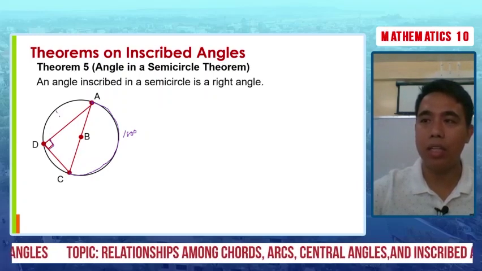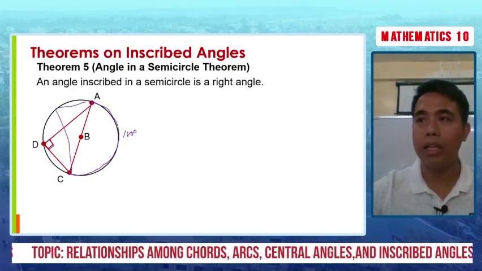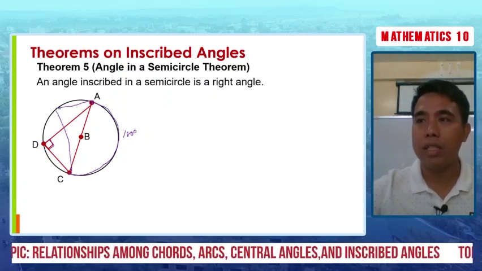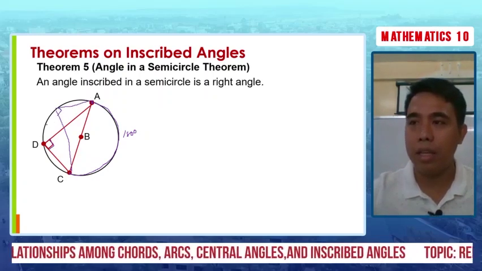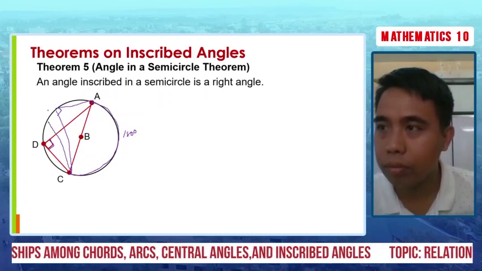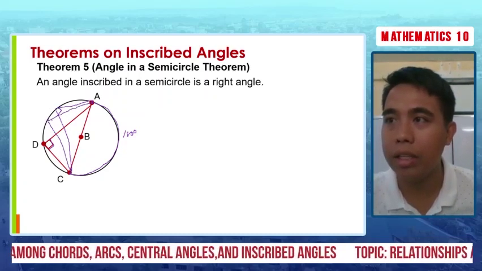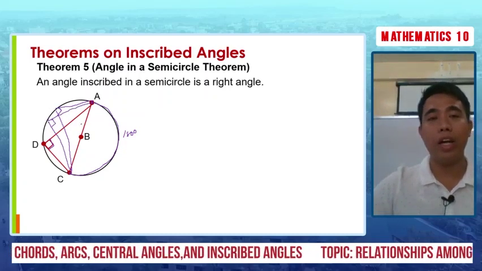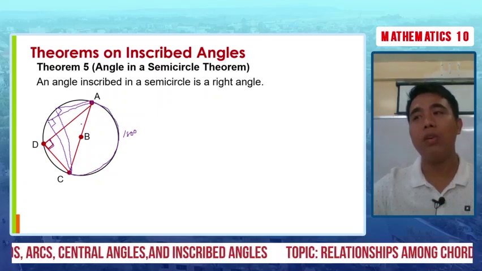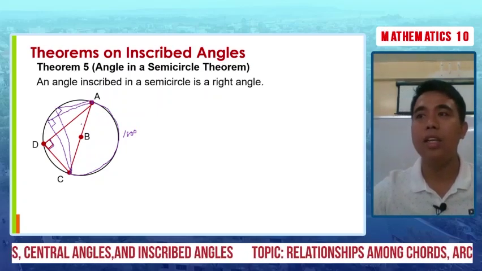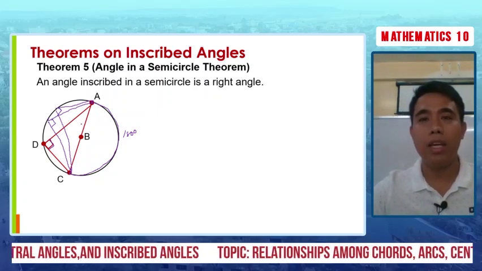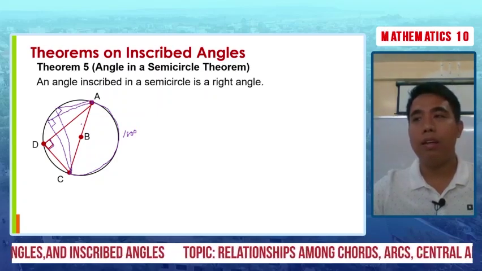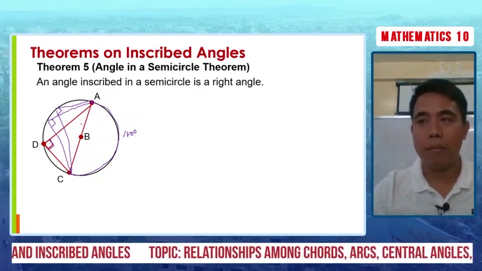Kahit saan dyan, kahit nandito yung angle natin, that is still 90 degrees. Kahit nandito yon, yan, 90 degrees pa rin yan. Kasi they are intercepting the same arc, which is a semicircle. So yung inscribed angle is a right angle.